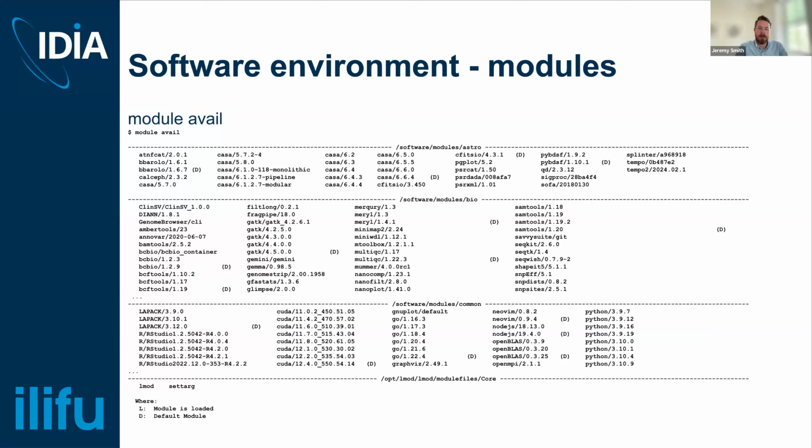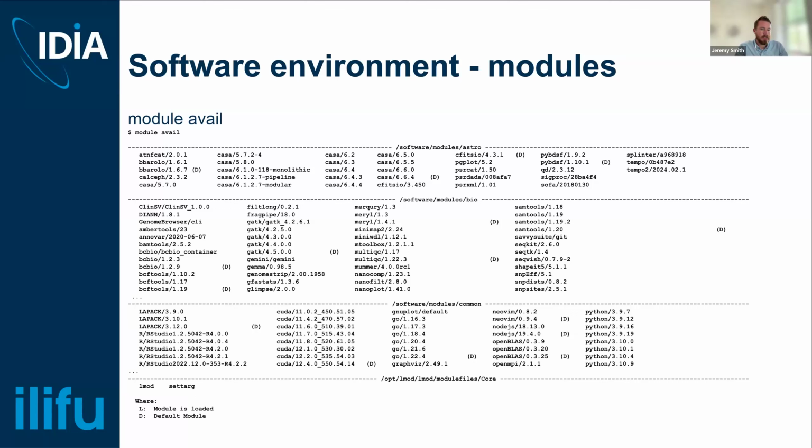There are a large number of bioinformatics software packages that are available as modules rather than containers. And some modules are also just shorthand for calling containers, such as the CASA modules and the RStudio modules. They have containers under the hood, but they're just modules that make it easier.